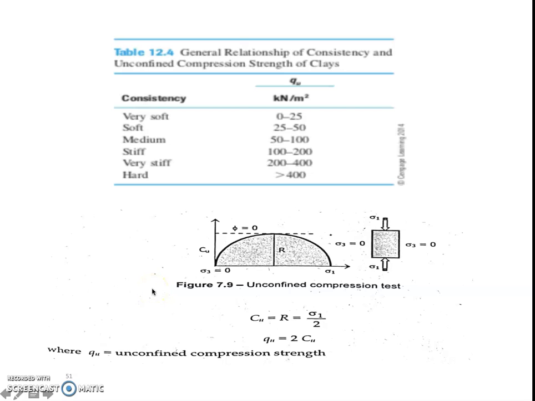So we have here a table showing the general relationship of consistency and unconfined compression strength of clays. This one is an illustration for the unconfined compression test. Our confining pressure is equal to 0, so sigma sub 3 is equal to 0. We only have the application of our deviator stress sigma sub 1. So therefore, our cohesion would be equal to the radius.